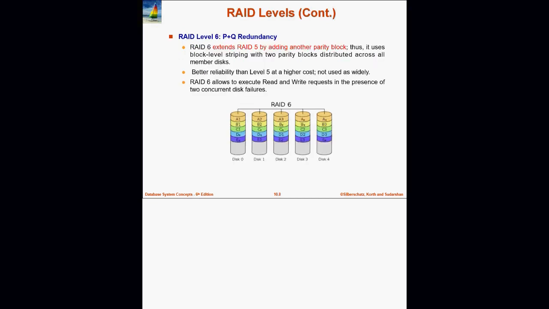And level 6, along with the existing parity P, we have one more parity Q. These parity bits are actually used for error correction or just to check the originality of information, whether fake information is being added or the information is being changed. We can just check with these error correction codes or the parity bits. So this is how the disks are managed with the help of the different levels of RAID.